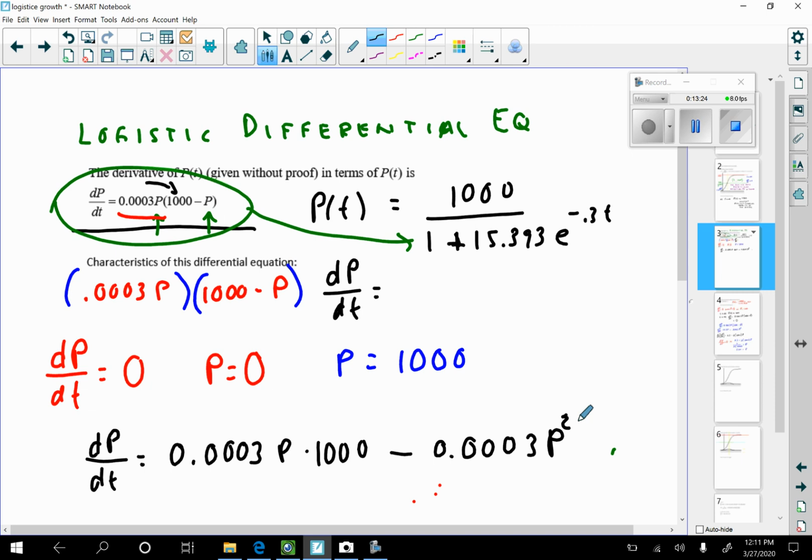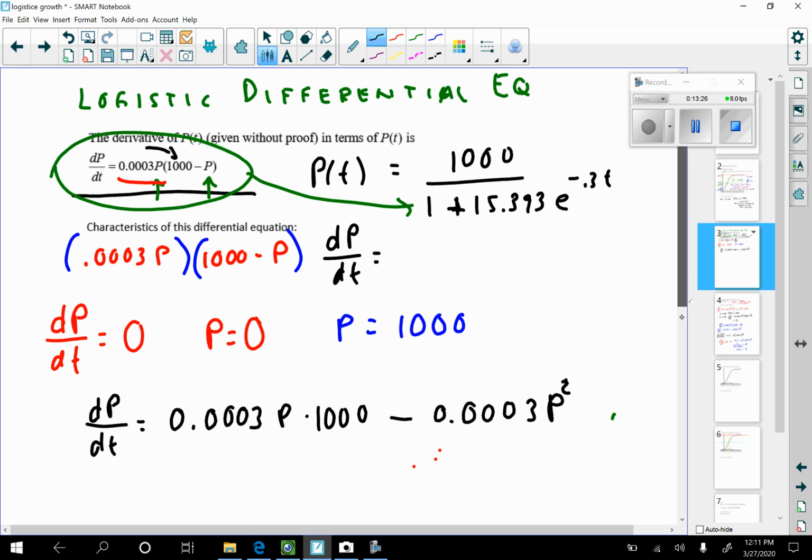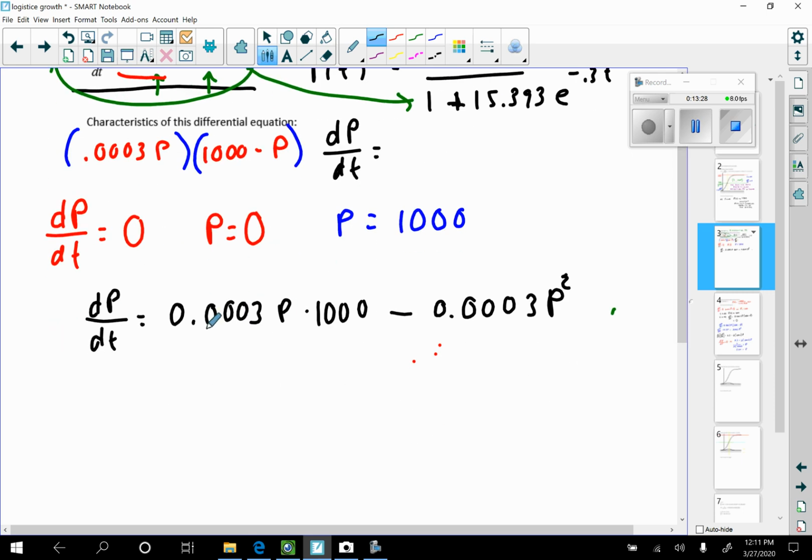So that's the derivative multiplied out. And 1,000 times 0.003 is 0.3, so we have 0.3p minus 0.0003p squared.